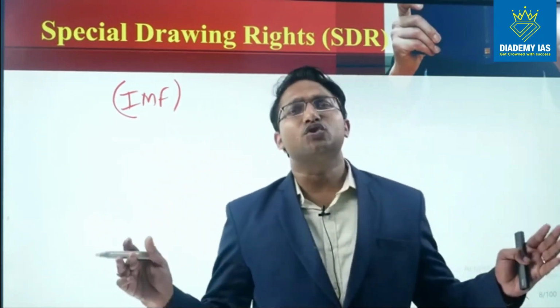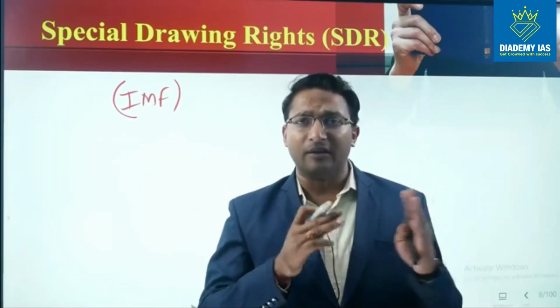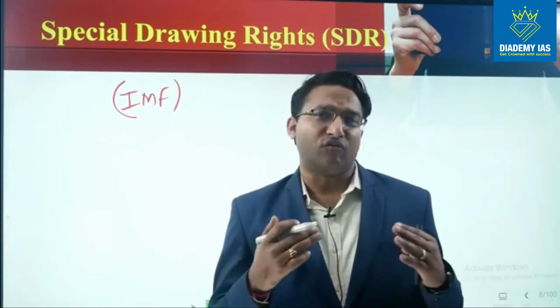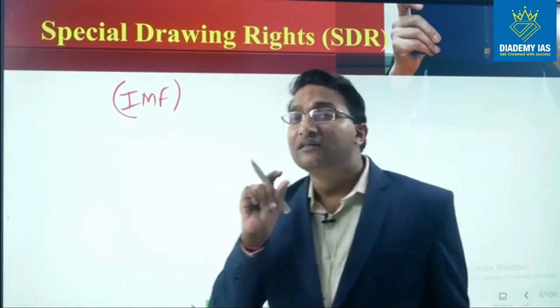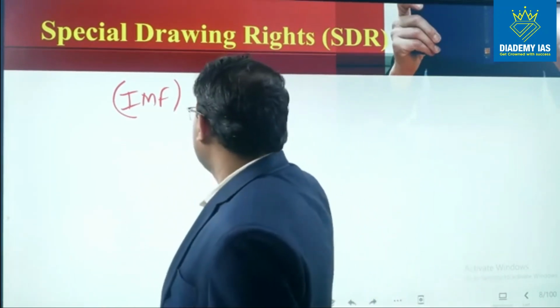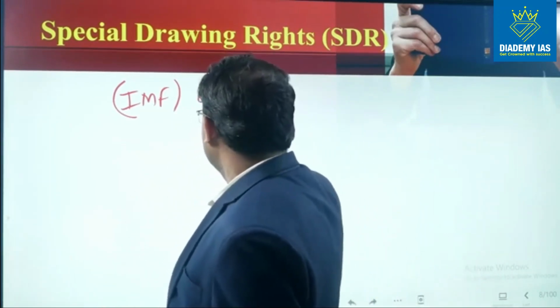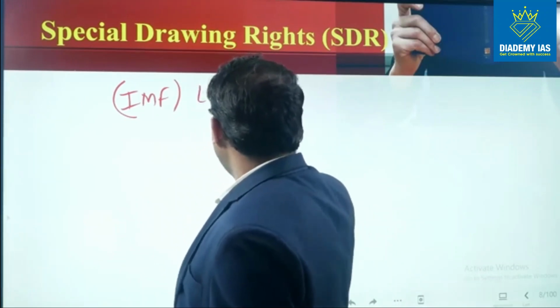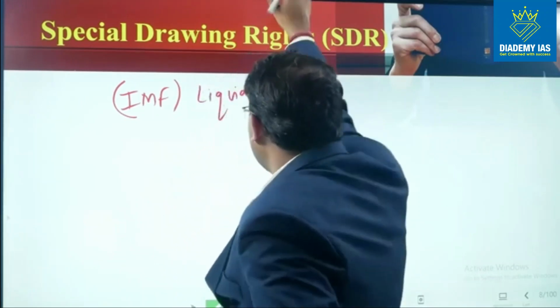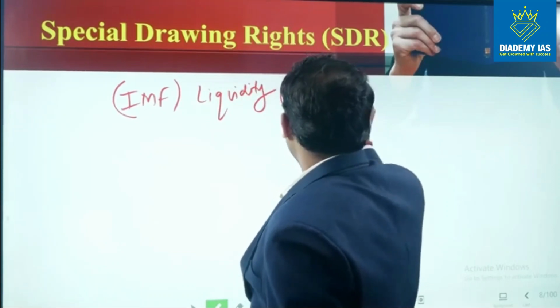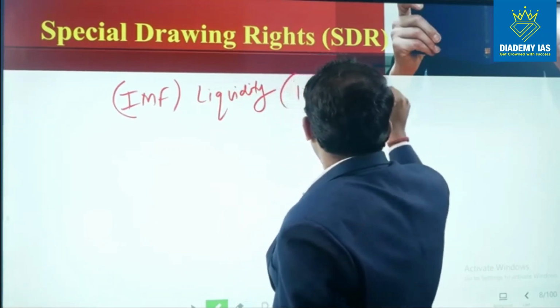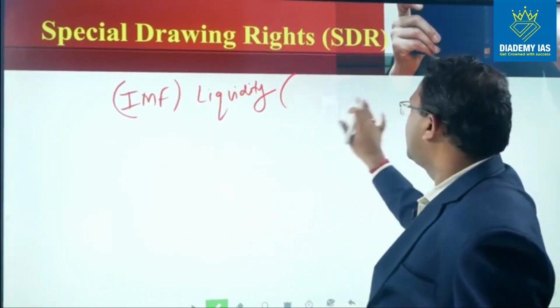So the countries should transact with each other in the form of import and export, foreign capital investment, etc. For that, there is a requirement of liquidity, right? So we need some liquid assets, a common currency, a liquid asset.